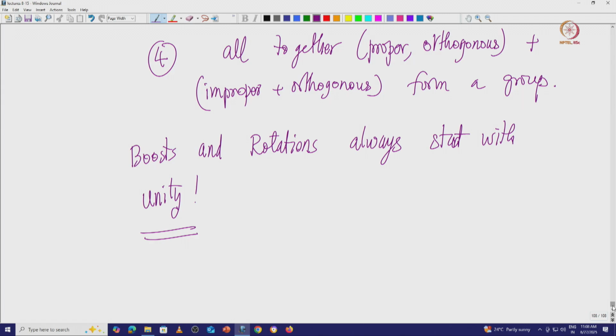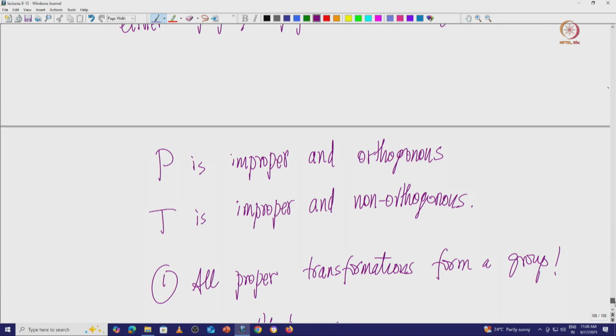So what we need is that boosts and rotations form a group, and yes, they form a group.